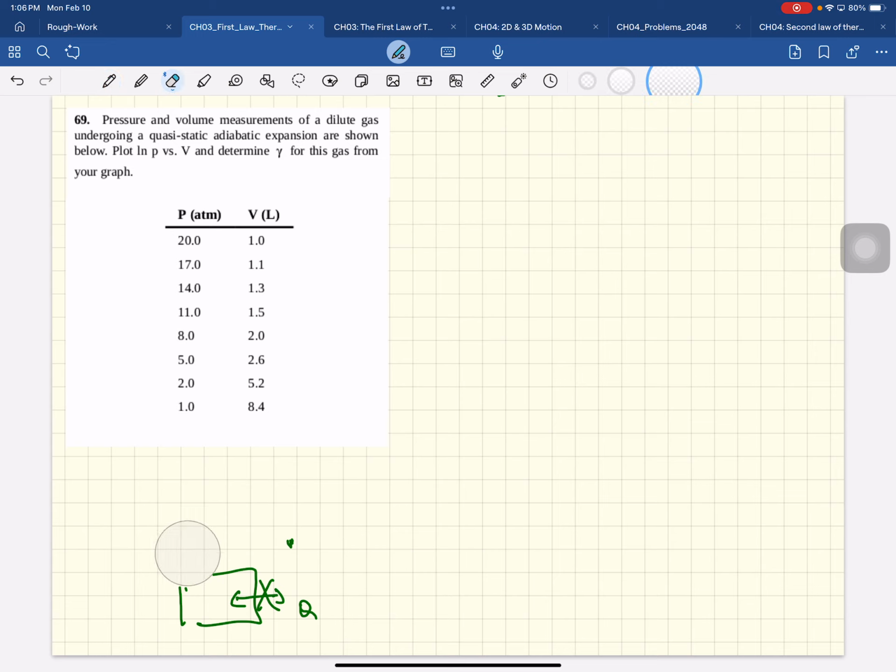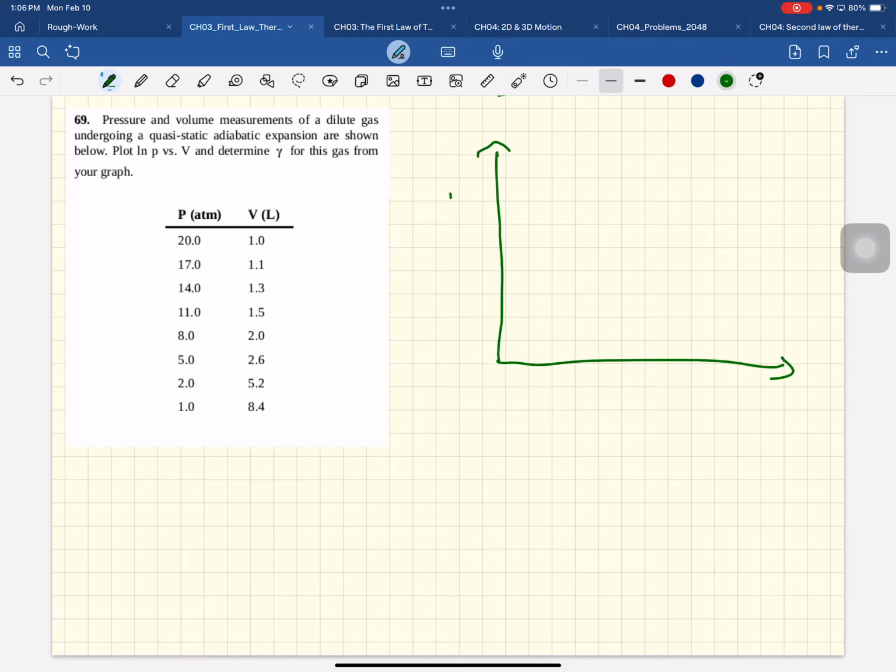So an adiabatic process on a PV diagram looks like this. PV, here's an isotherm, here's an isotherm. What is an isotherm? Temperature is constant and internal energy is constant.